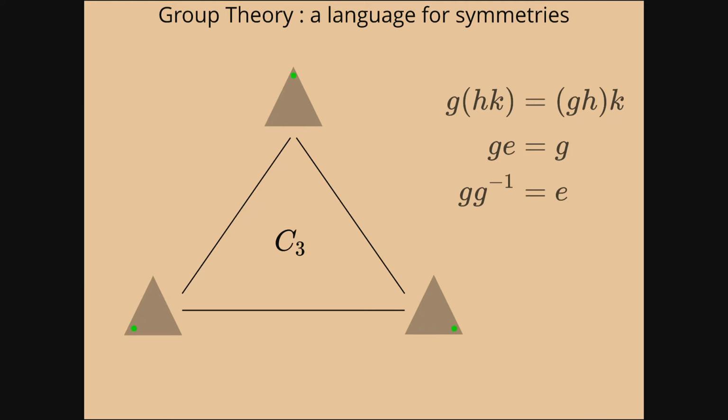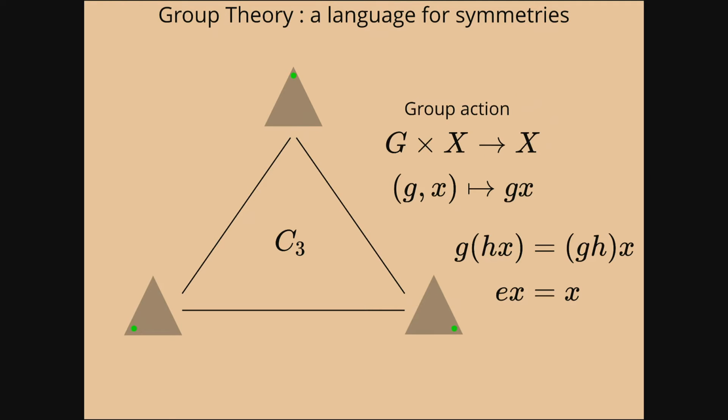Assume you have a shape, a triangle, and you rotate it with a certain group, which is the group of rotation by 2π/3 radians. You will have a group. But actually, this is not a group. This is a group action. So you take a group, the group I just described of rotations, and you apply it to a set, which is the triangle.